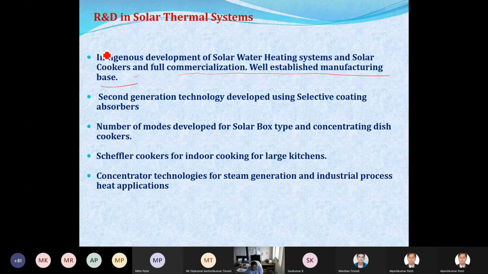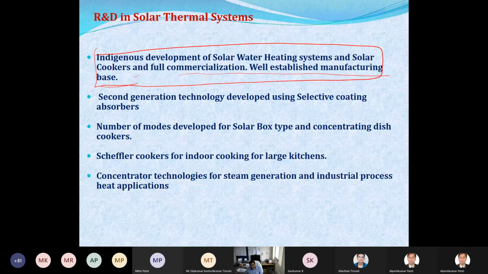So that's why this does not need any special research. Everything is there, the only thing is that based on that you have to develop the product. Second generation technology developed using selective coating absorber is also there.